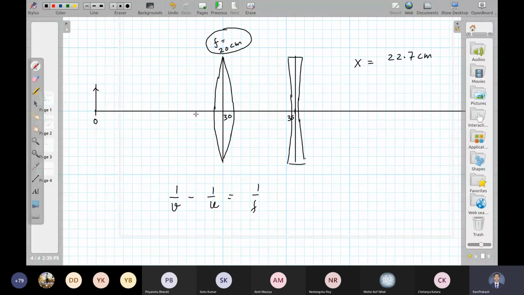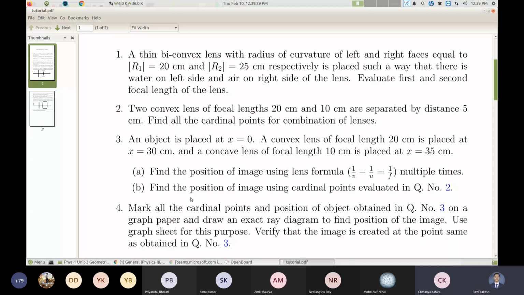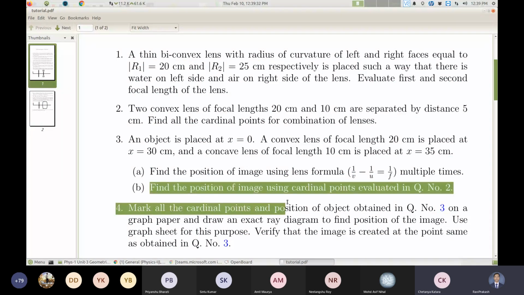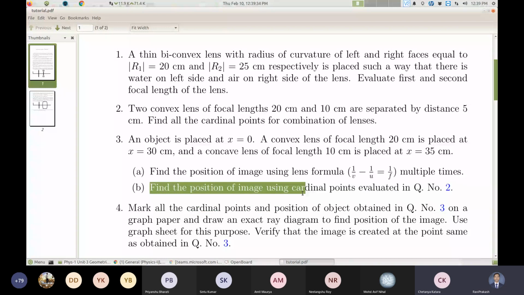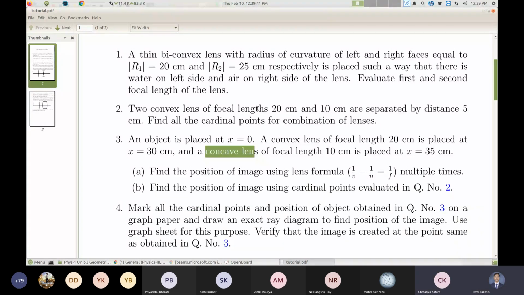So you are getting the image on the left. Okay, no problem. Now second is first calculate the cardinal points. So there is some mistake. Obviously, sorry, because here is a concave lens. You cannot use the data of question number 2. It's a mistake from my side. I will correct it.